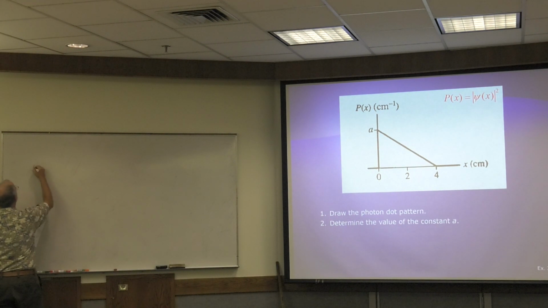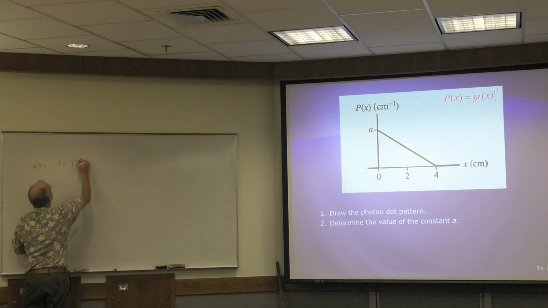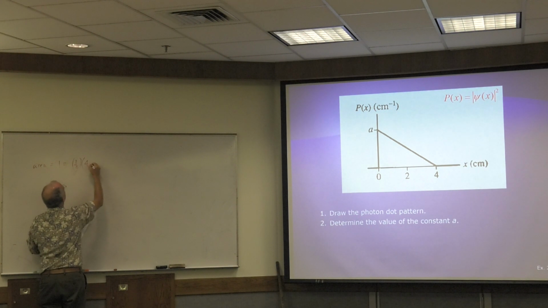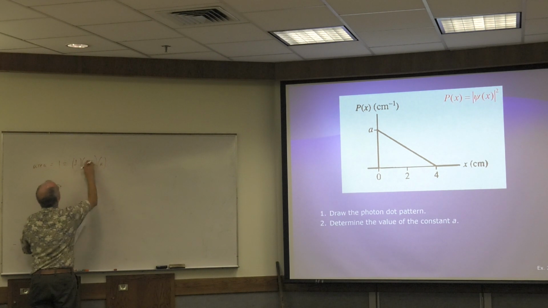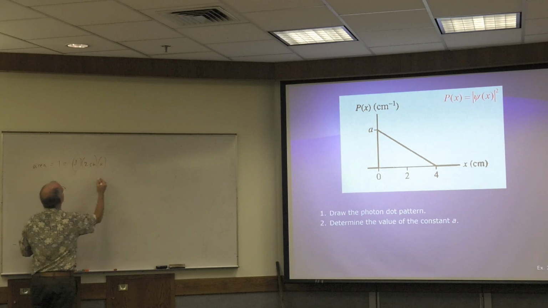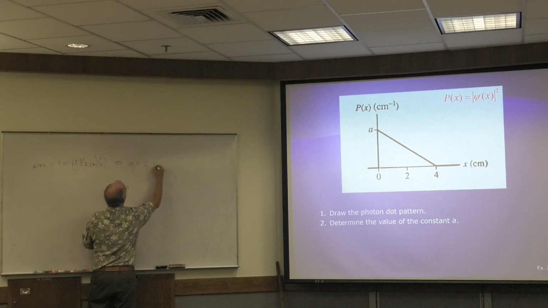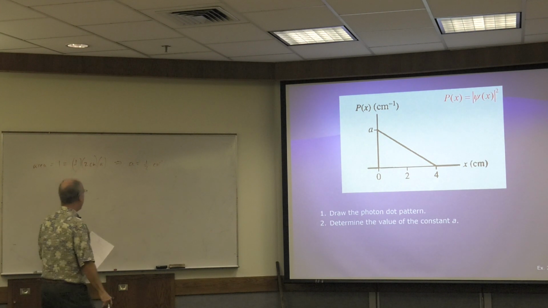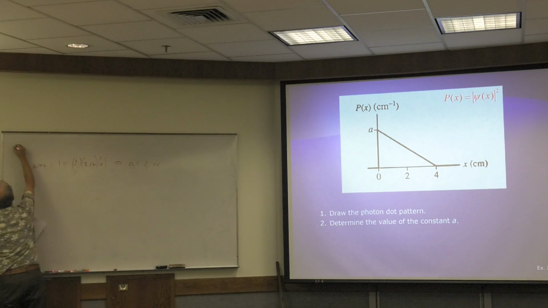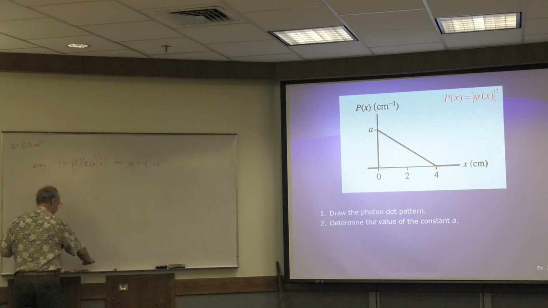So the area has to be 1, that's half base times height. Okay? So that 2 kills that 4, and we get 2. So therefore, A equals 1/2 centimeters to the -1. All right? So A is 0.5 centimeters to the -1 power. Great.